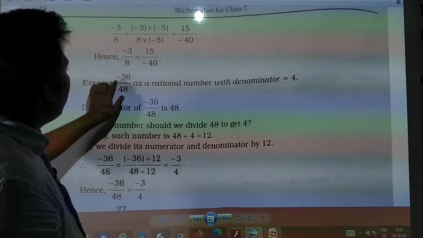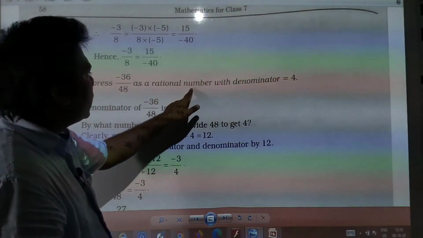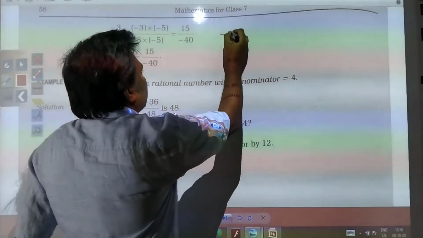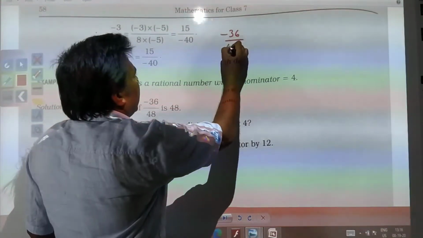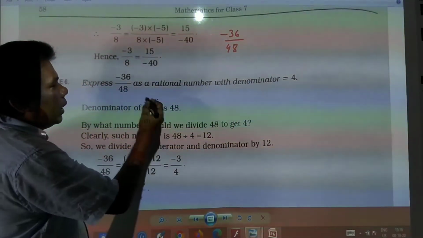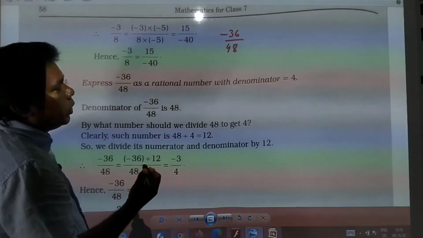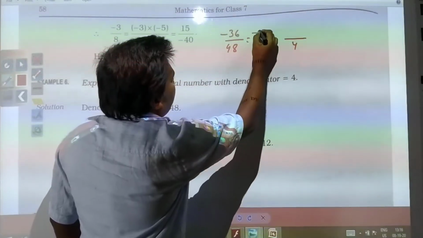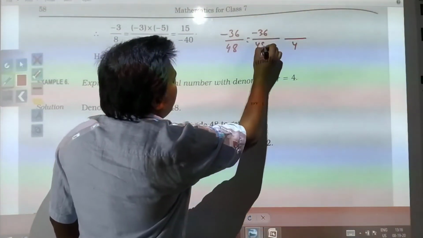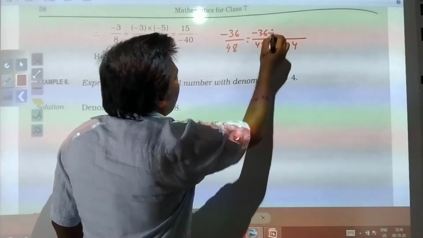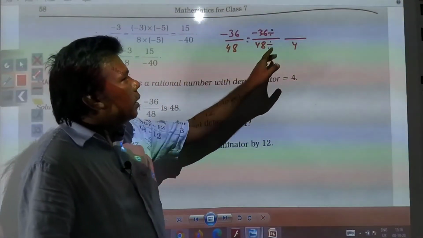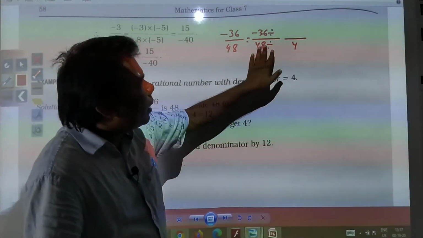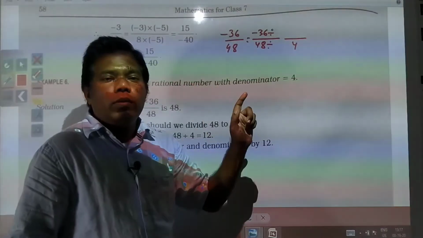Next you have, express minus 36 by 48 as a rational number with denominator equal to 4. Minus 36 by 48, and you need to convert this so that the denominator should be 4. So we need to see what number 48 is required to be divided by so that you will get 4.